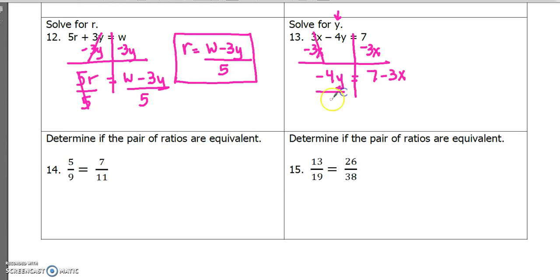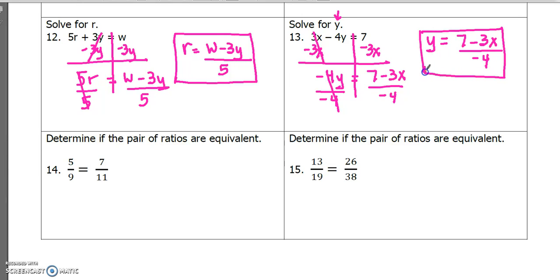To get the y by itself, again, this is multiplication, so I'm going to divide by -4 on both sides. So the -4's will cancel. It will leave my y on the left. On the right, I have 7 minus 3x divided by -4. Okay? All right, let's just keep going.